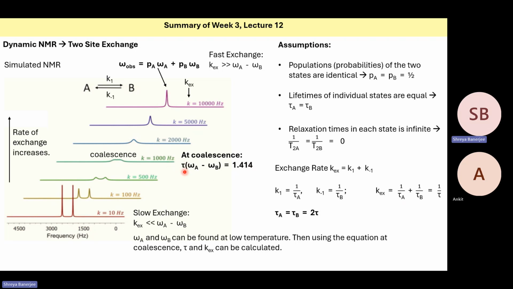And if you know tau, you can calculate the K exchange. This is basically called dynamic NMR. That is, the NMR spectrum is not constant because the proton is hopping between states A and B, and that is why it's called dynamic NMR. In this case, a two-site exchange.